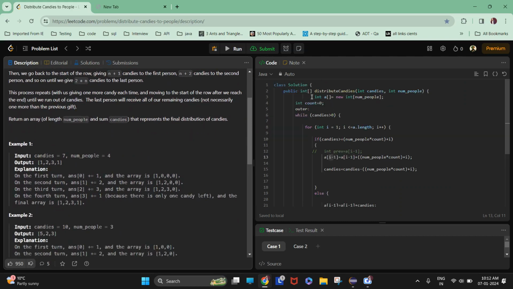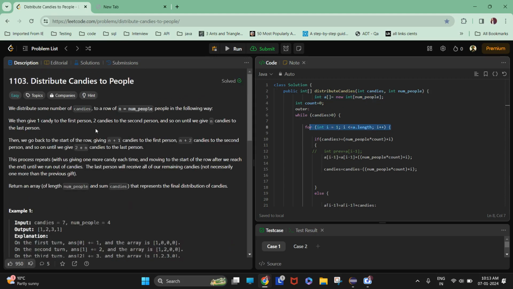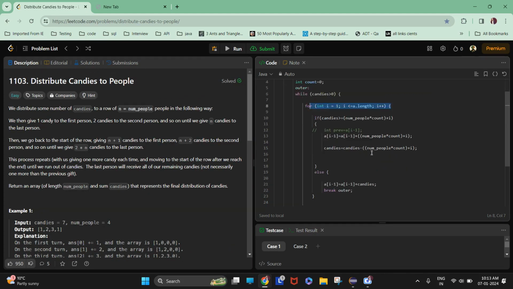I have taken an integer array equal to the num people length, and while candies is greater than 0, I iterate through the array. Candies should be greater than or equal to the number of candies to give. If it is greater than or equal to this, it means the candies are still left. Initially a[i minus 1] is equal to 0.